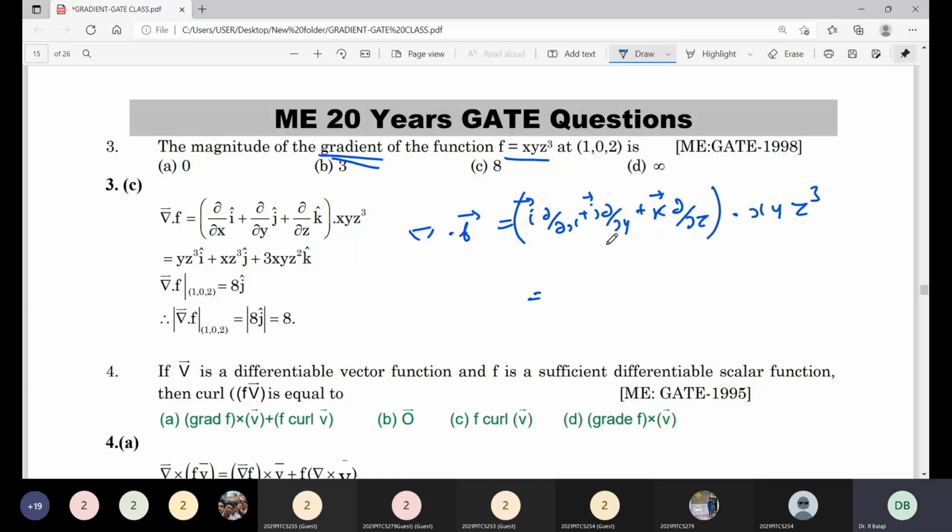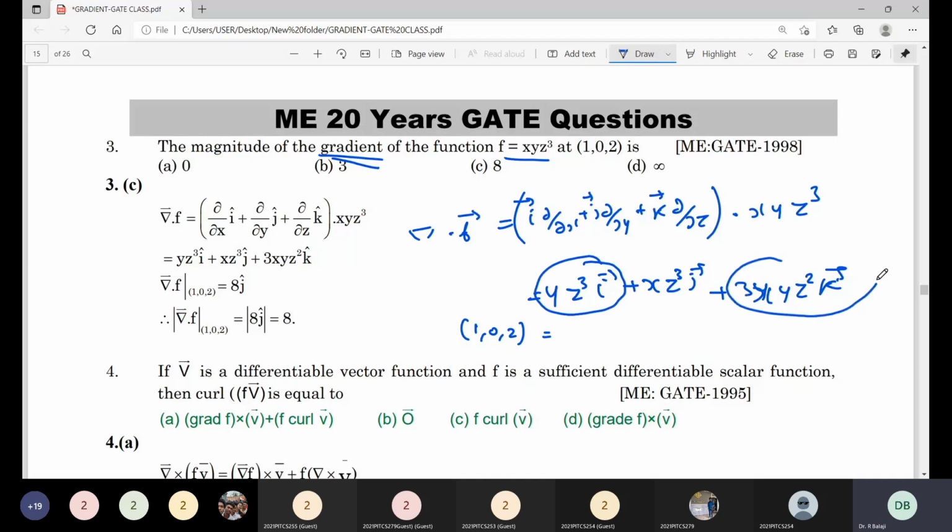Now we partially differentiate with respect to x, y and z. We get yz cubed i vector plus xz cubed j vector plus 3xyz squared k vector. Now at the point (1, 0, 2), wherever we have y terms we get 0, so the i and k terms are 0.